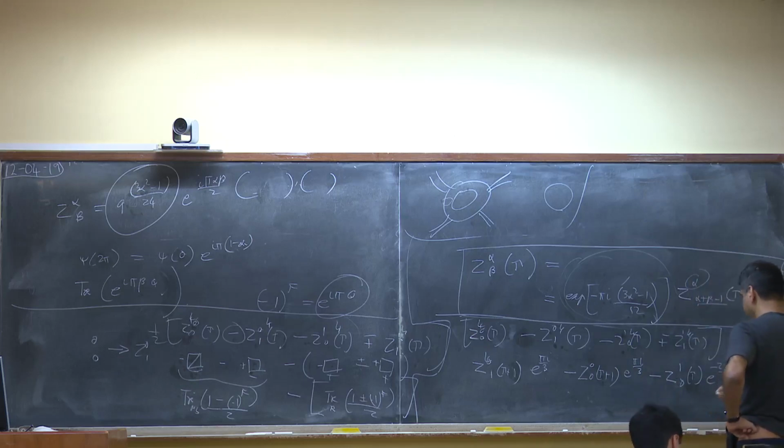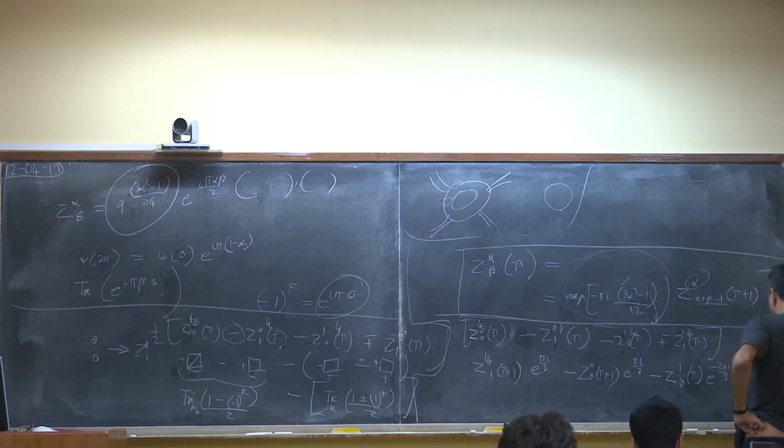Okay. And then there is minus plus Z11, all this at tau plus 1. Again, e to the power minus 2 pi i by 3.